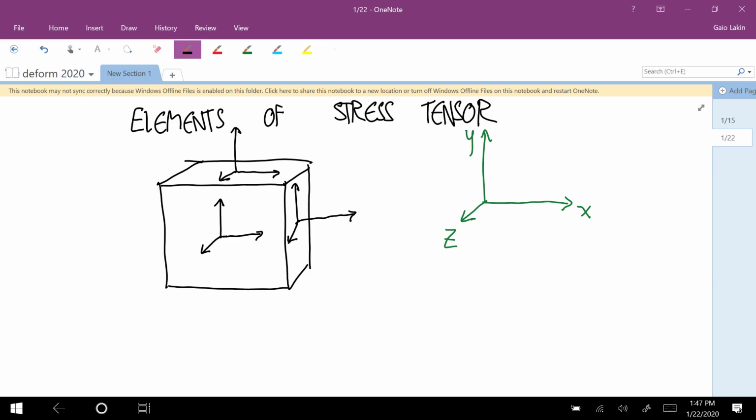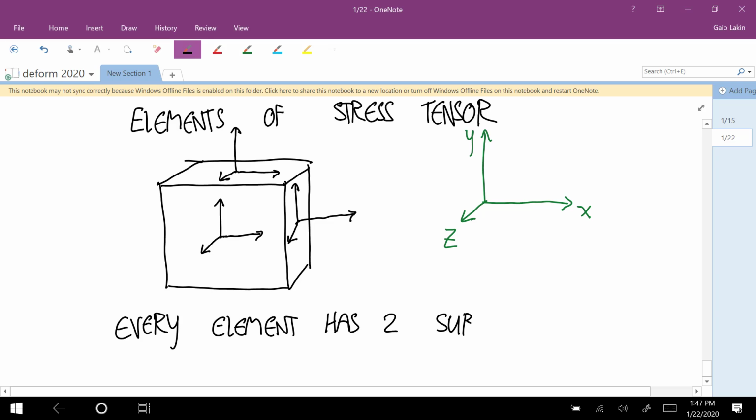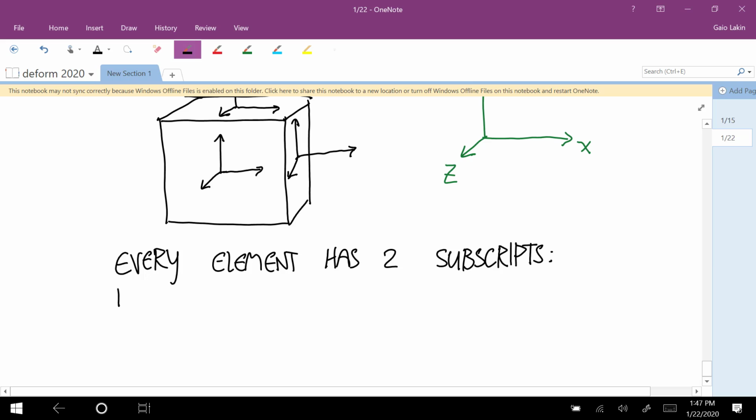And every element has 2 subscripts. The first is the face that you're on, and the second is the component.